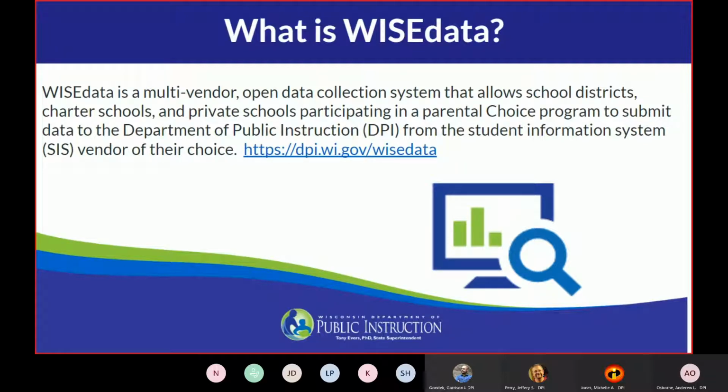The reason for the snapshot is so that we can get a point-in-time capture of that data to use for reporting purposes. Leading up to the snapshot, we have all kinds of data quality initiatives where we review data for not only the charter schools, but all the school districts and all the choice schools, and try to help you.